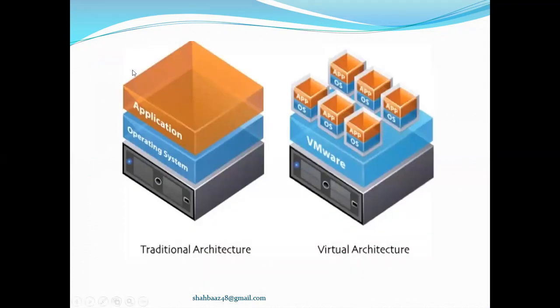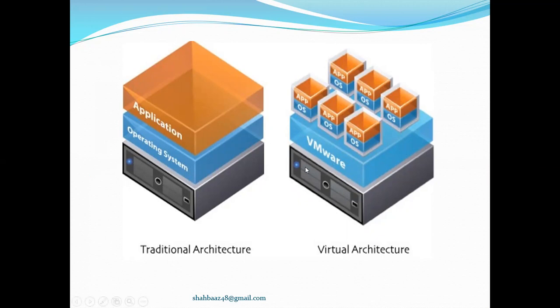Previously, we used to have what is called the traditional architecture. Traditional means we have a direct device, on top of the device we install the operating system, and on top of the operating system we install the application. But when it comes to virtualization, virtualization gives you one layer here.